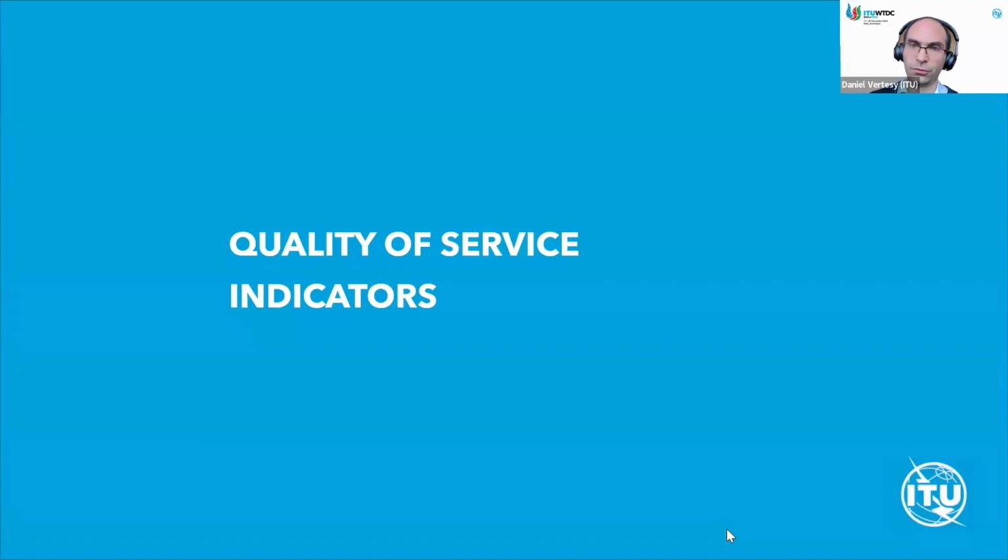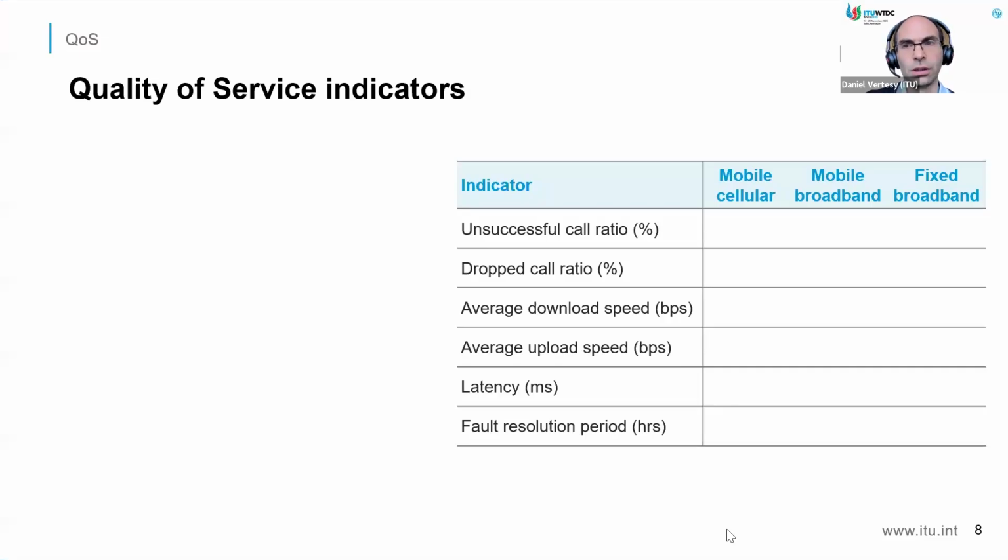I am now moving on to quality of service indicators. Quality of service indicators come in different shapes and sizes. First, traditionally, there have been fixed network and mobile cellular network indicators. What we retained is the mobile cellular quality of service indicators. There are two: the unsuccessful call ratio and the drop call ratio.